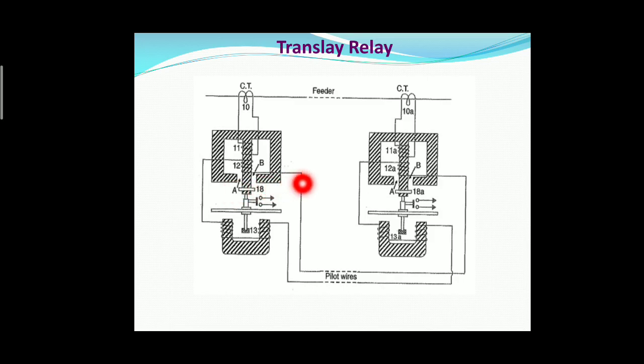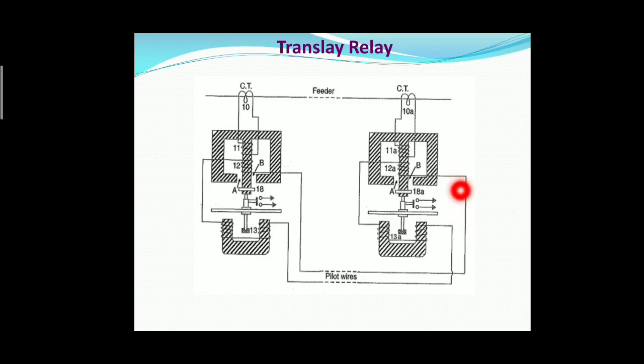This is the secondary winding and this is the primary winding. The primary is connected to the CT, and 11A is connected to 10A of the CT. The secondary is connected to the second CT's lower limb by the pilot wires. The current induced in CT1 is I1, and the current induced in CT2 is I2.